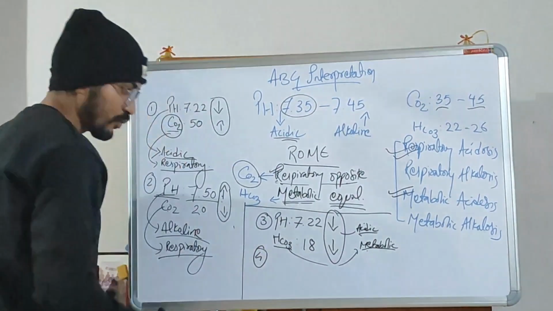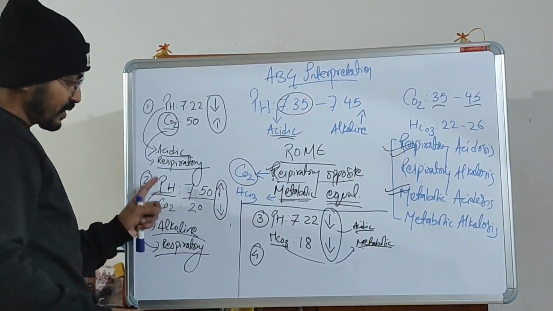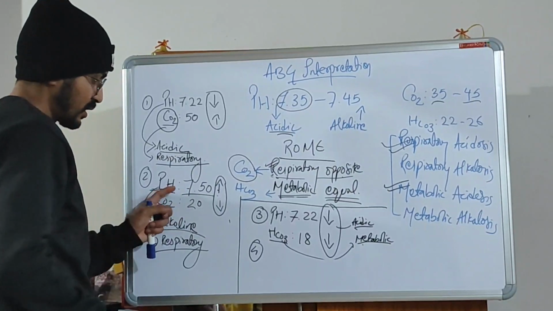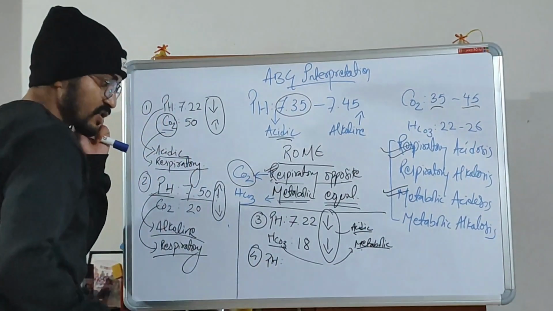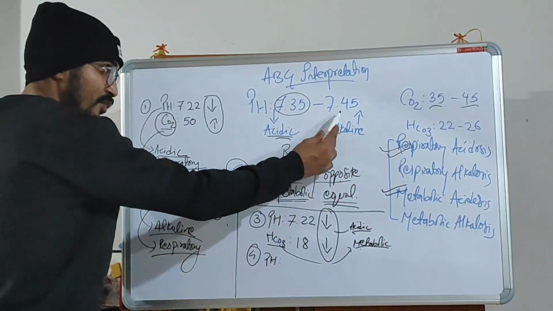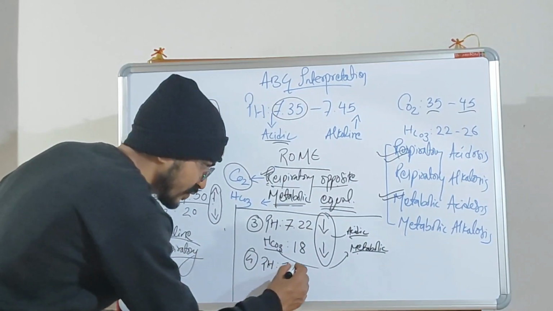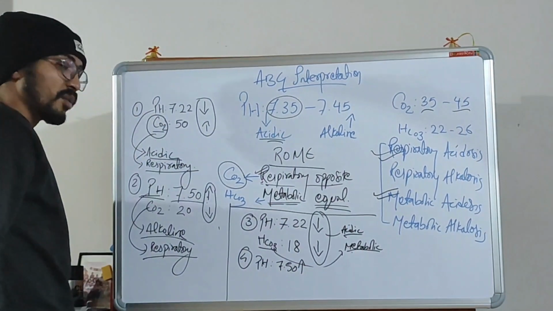Next, the fourth diagnosis that we can frame, we'll take the same value that we have taken here for pH. Take for instance, your pH moves upward from the normal 7.45, which means 7.50, moving upward from your normal range.